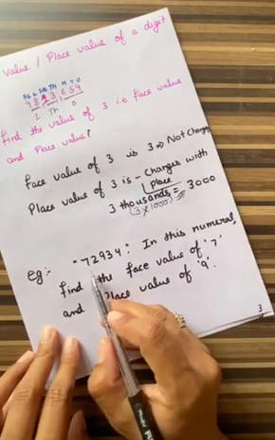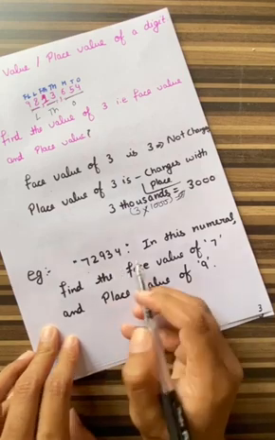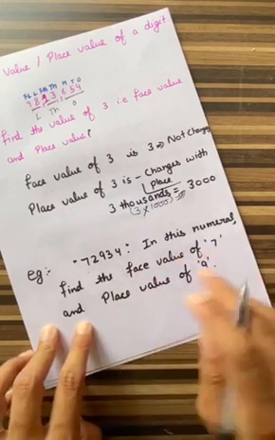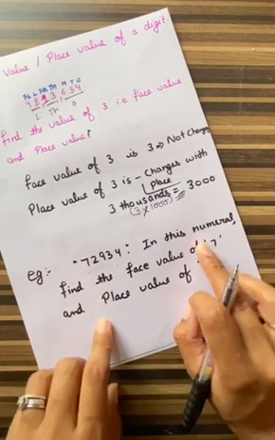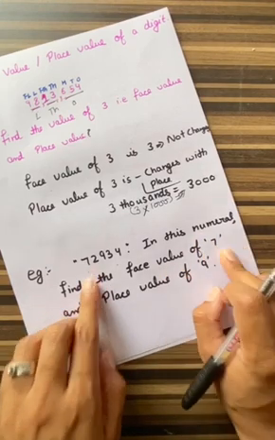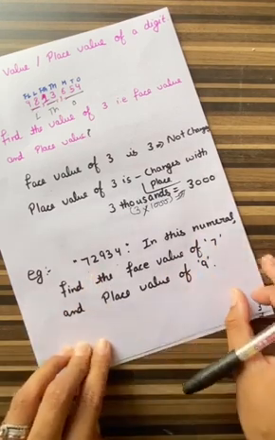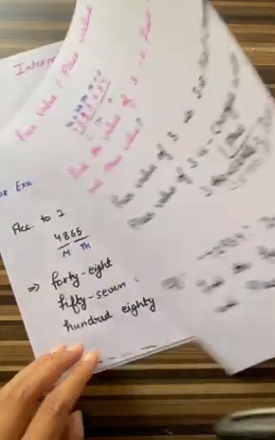Let's take another example. We have the number 72934, and in this numeral we have to find the face value of 7 and the place value of 9. Okay, let's see how we can find it out.